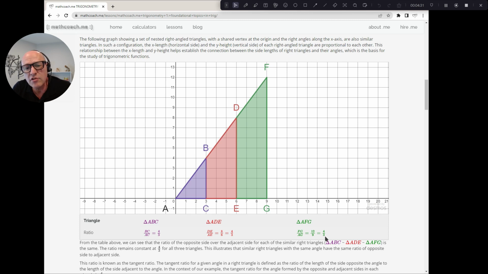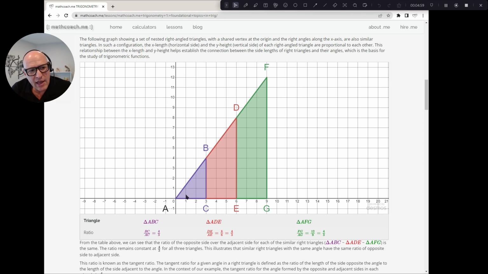But this is also the tangent ratio, and it is the first of our trigonometric ratios that we're going to talk about. So the tangent ratio is the ratio of the opposite side of the angle, and the angle in question here is at A, at the origin of our graph, and also a common angle to all 3 triangles.